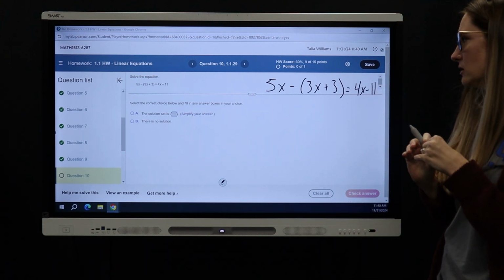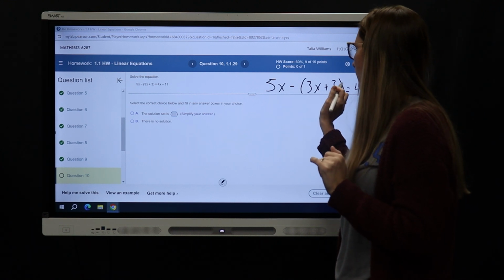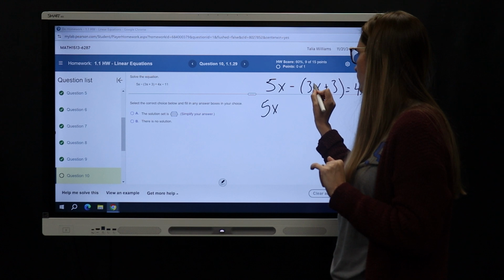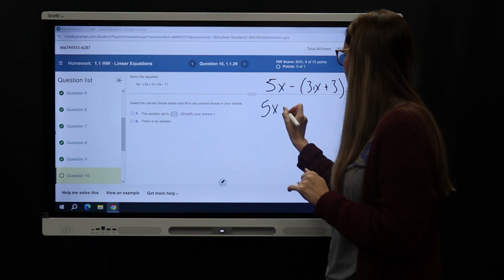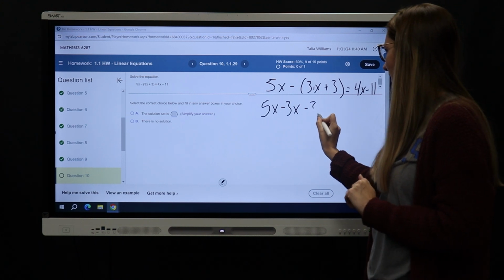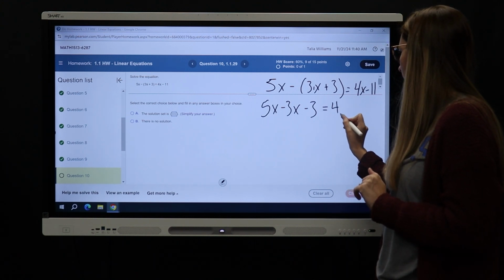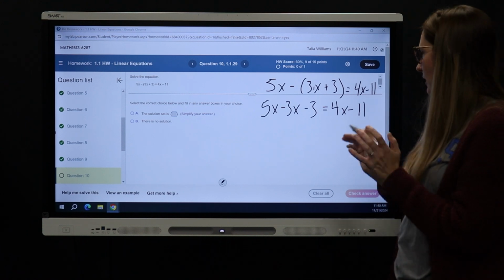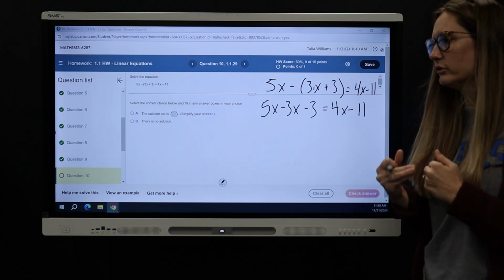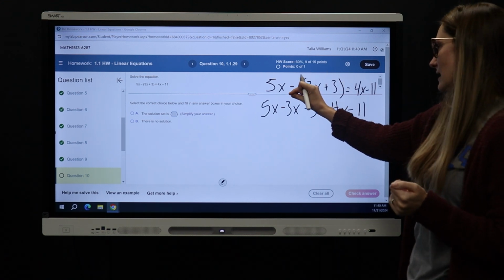The first thing I like to do if I ever see a subtract in front of a parentheses is change those signs. So a negative times a positive is going to be negative 3x. A negative times a positive is going to be subtract 3 here. Now those parentheses are gone because I went ahead and distributed that negative. I multiplied these by that negative.